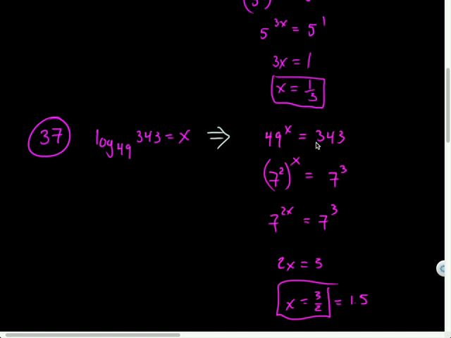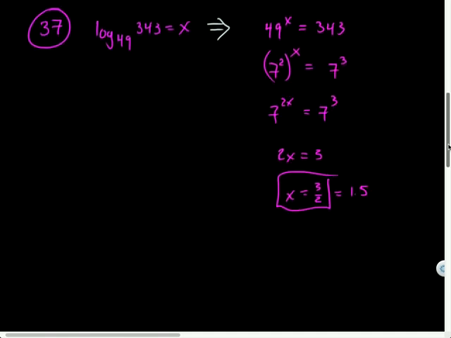I mean, you could do a little bit of calculator work, like if you'd probably recognize 49 is 7 squared, and then I would have tried to start figuring out, is 343 also some multiple of 7? So I'd have done 49 times 7, and I would have realized one more exponent would have gotten me there. So yeah, 343, maybe not completely obvious to us, but that's all right.